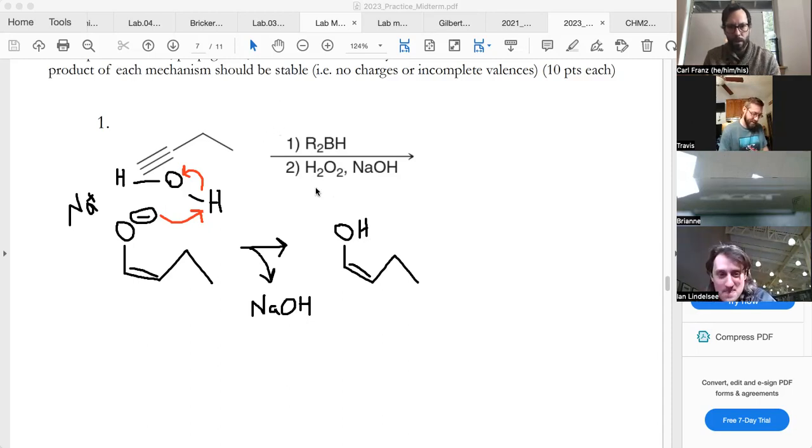Should have drawn the bond. There we go. There's a little tiny bond. That's going to go to here. And the double bond is going to move up here, and then we would write it with double arrows.